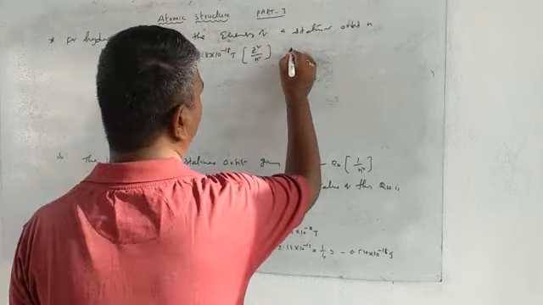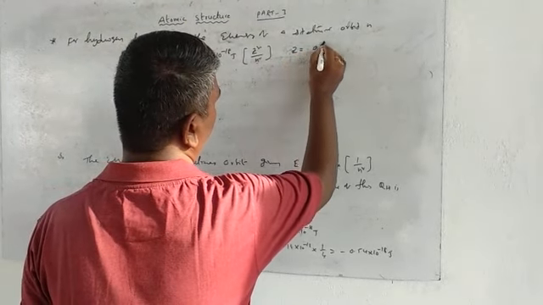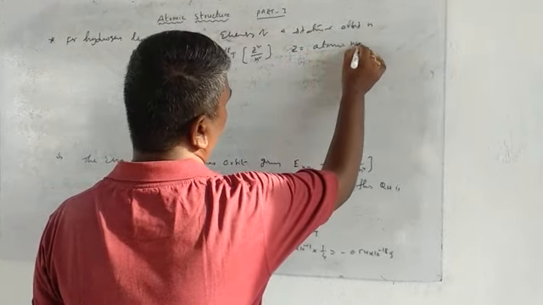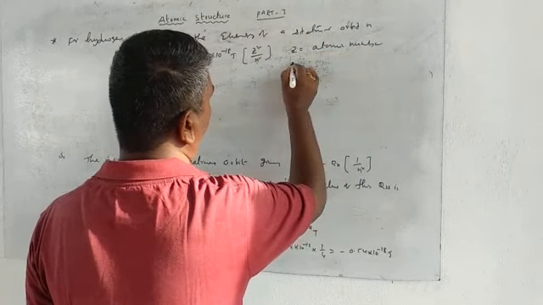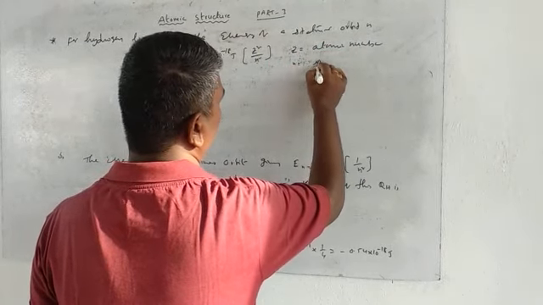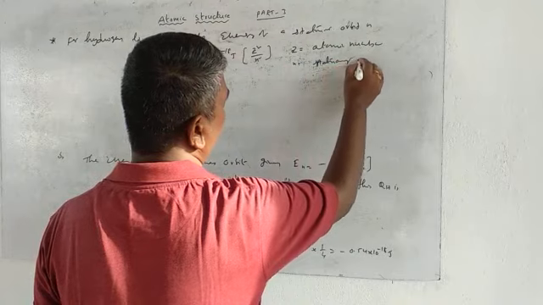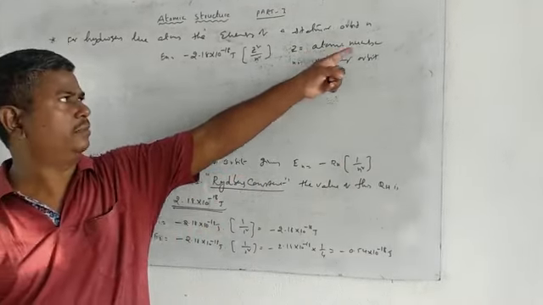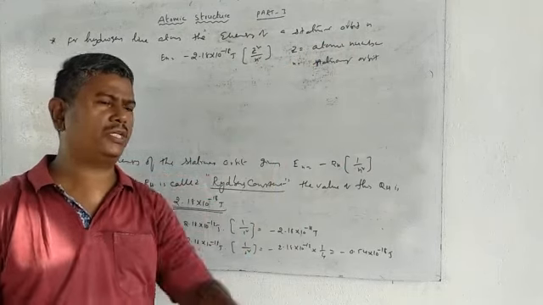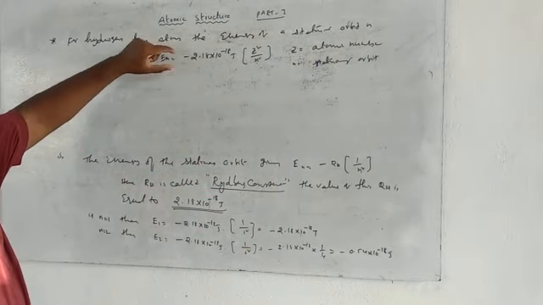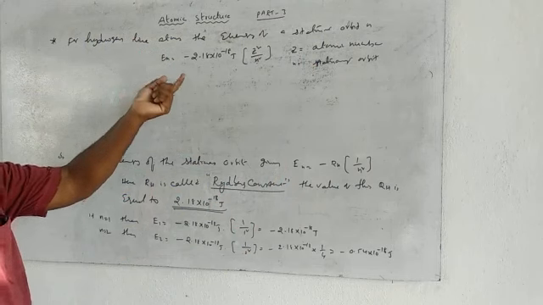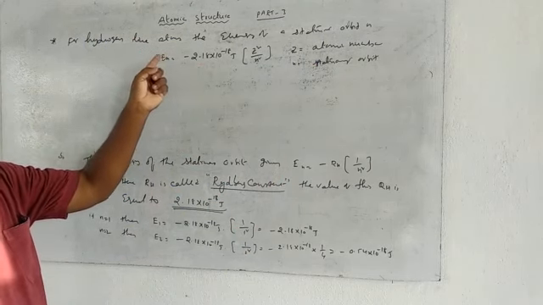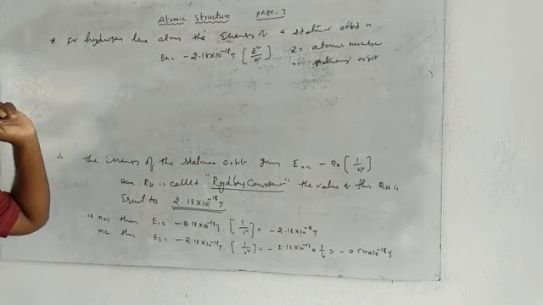Here z is the atomic number and n is the stationary orbit. So this is for any atom like hydrogen species.